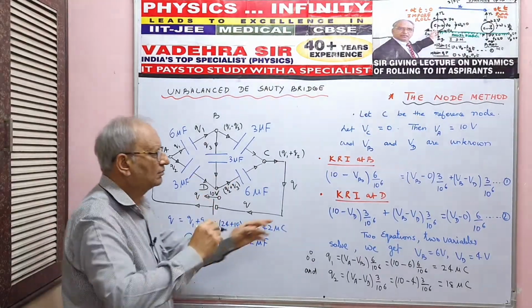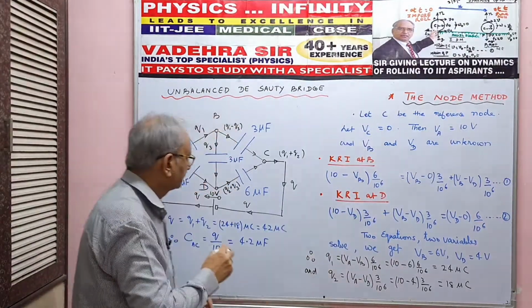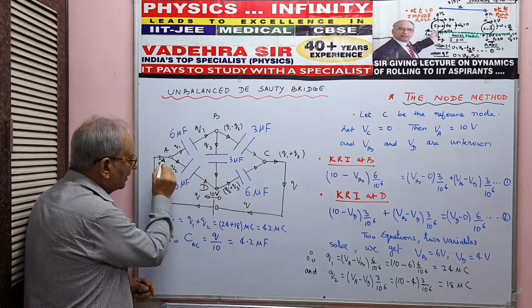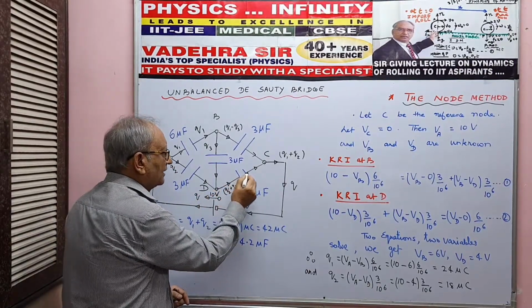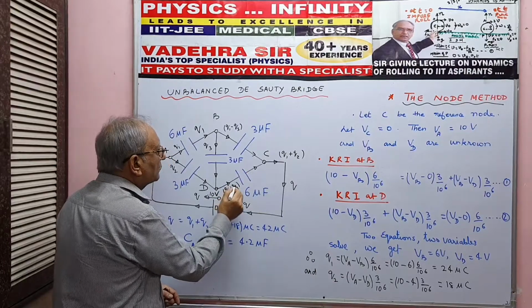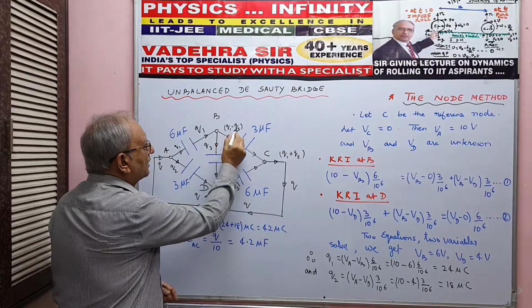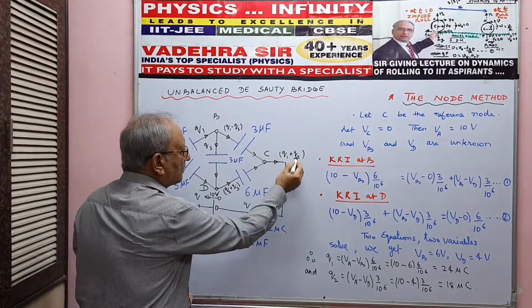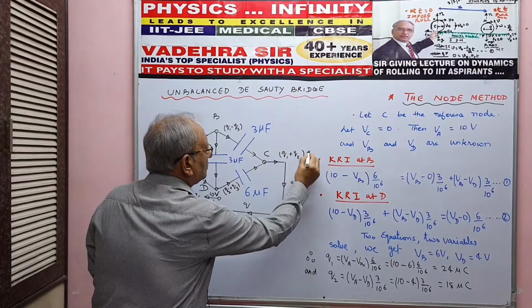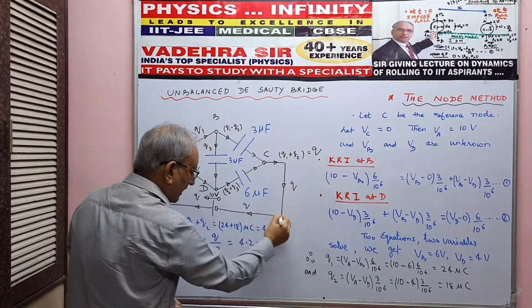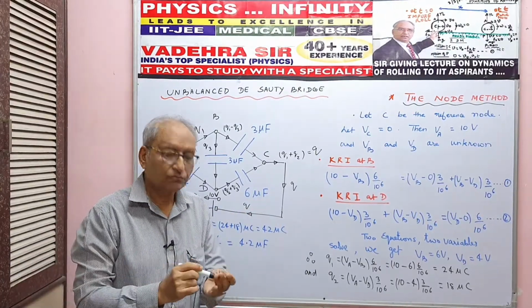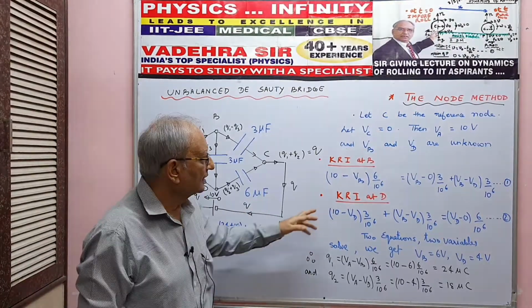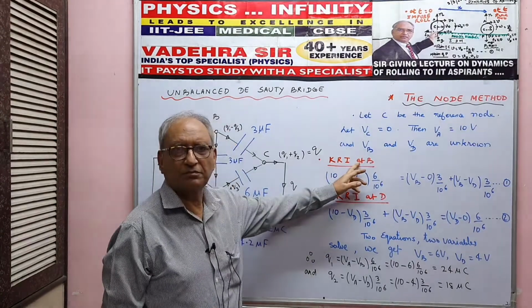So Kirchhoff rule 1 at D. Q3 comes from here, Q2 comes from here, then Q2 plus Q3 goes here, and Q2 plus Q3 joins with Q1 minus Q3, and I get Q1 plus Q2, that is equal to Q. I get my Q back. Perfect charge distribution. Right.